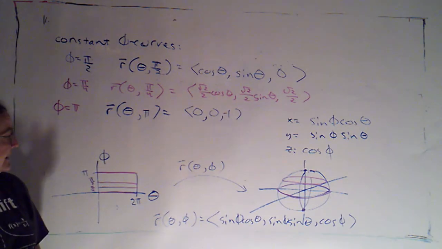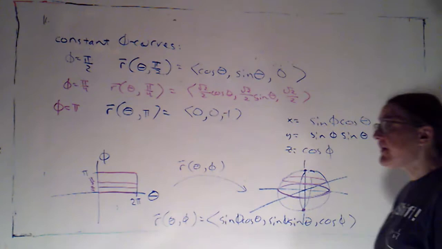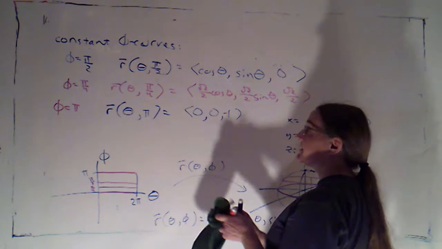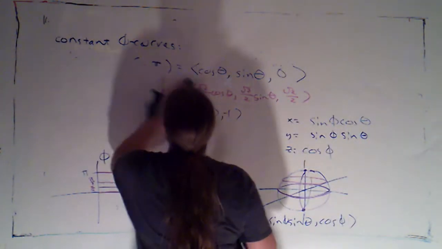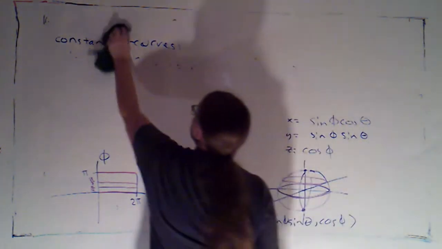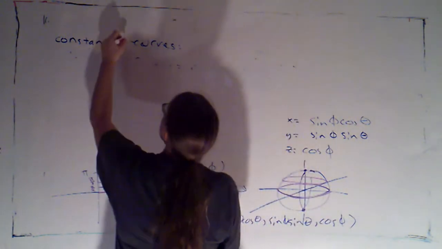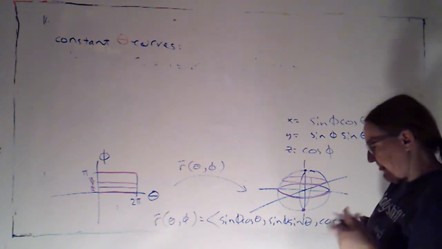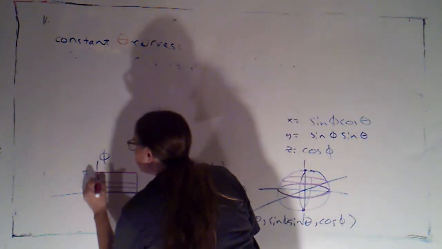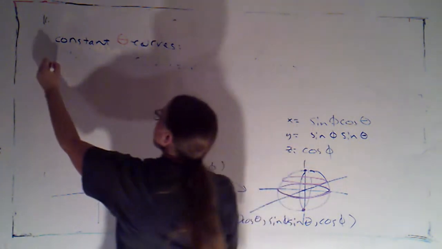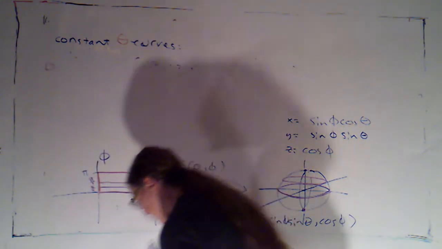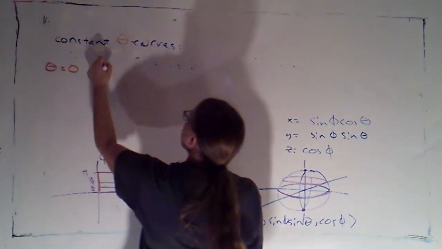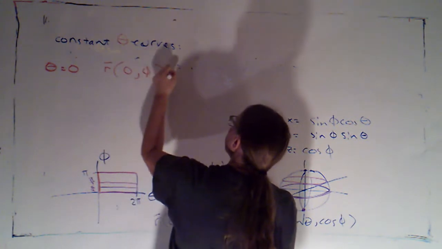Kind of cool. Now let's take a look at what happens if theta is constant instead. So I can look at my constant theta curves. Let's just pick a nice easy one. Let's let theta equal 0. If theta is equal to 0, I'm looking at r of 0 phi.